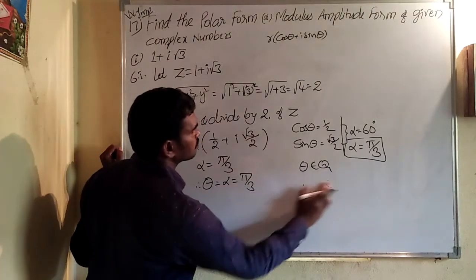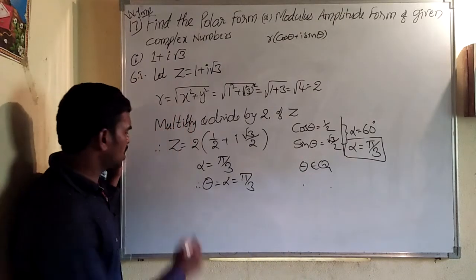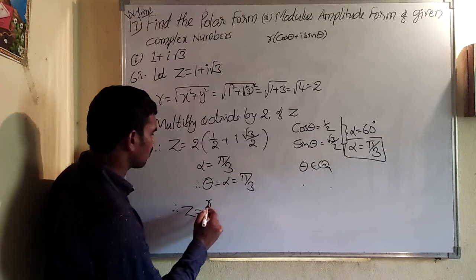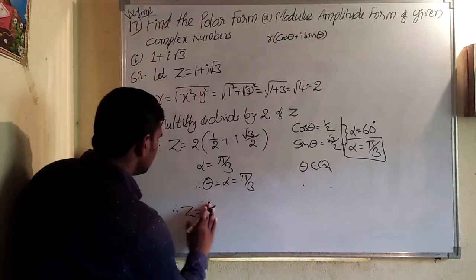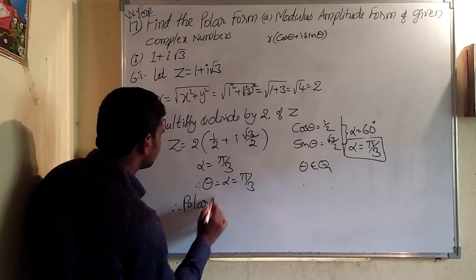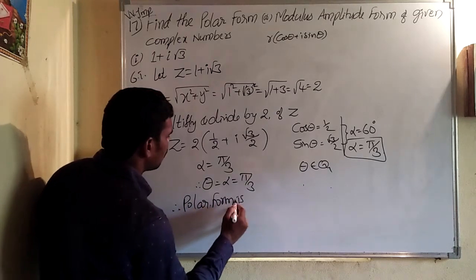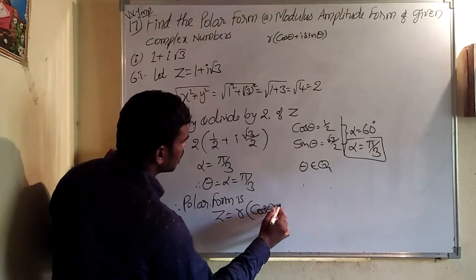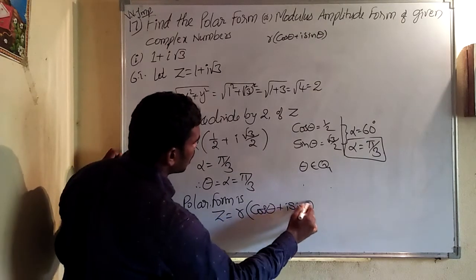So what is the polar form? Polar form is z equals r into (cos theta plus i sin theta).